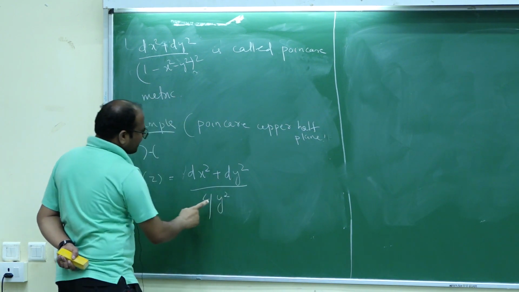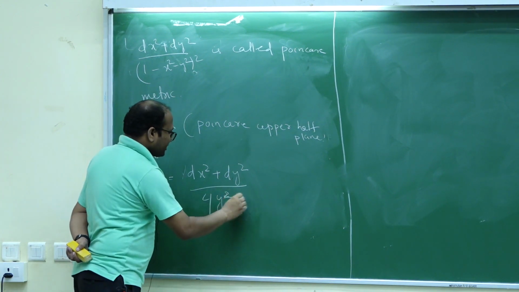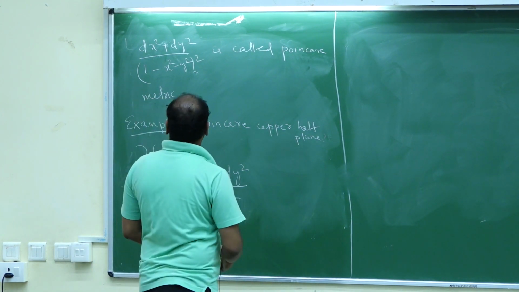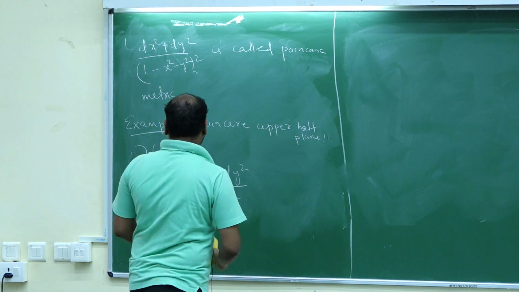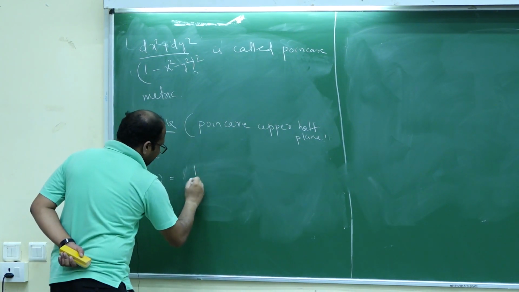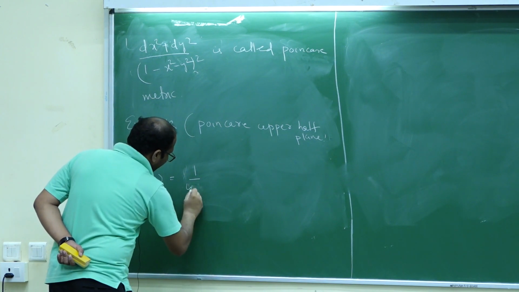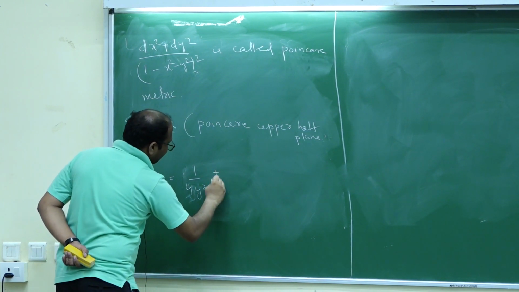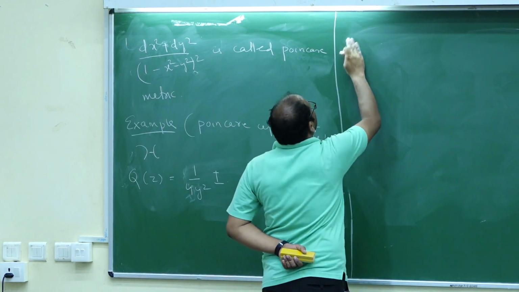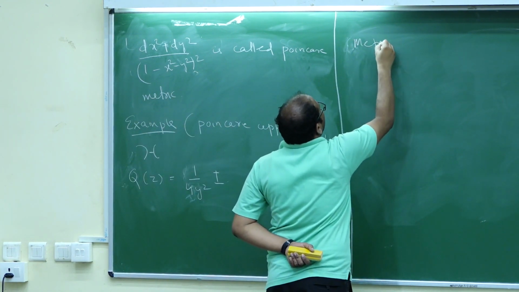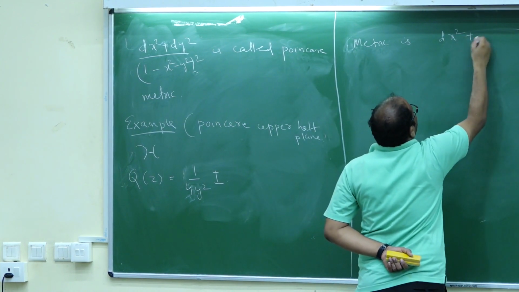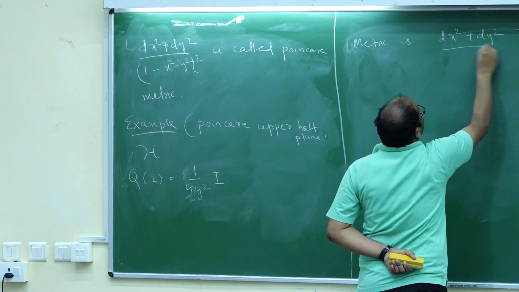I am taking this for some reason. So this is the metric on this. Oh, sorry, z should be 1 by 4 whole square. And this matrix is g, x square, y square.